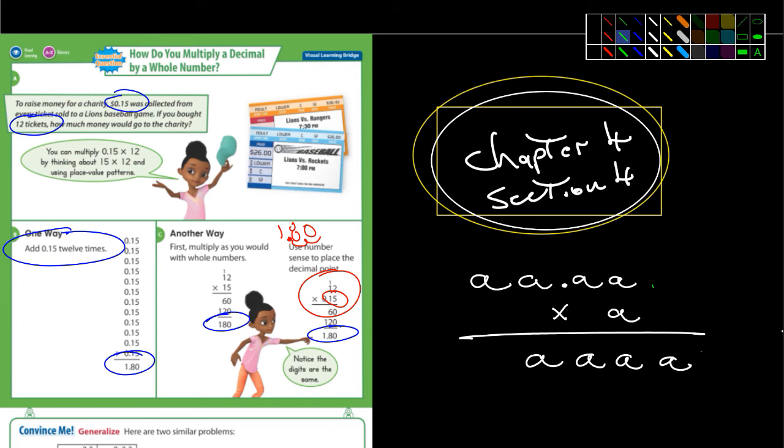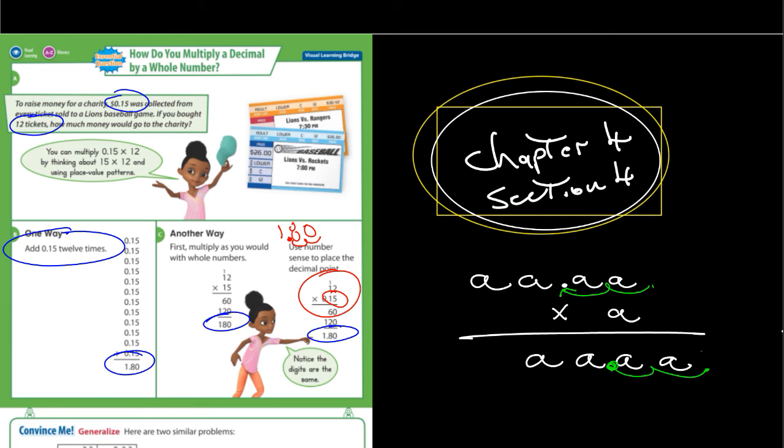If you think you know where the decimal goes, raise your hand. If you're really sure where it goes, raise your hand. How many places in is this decimal? It's another way to look at it. Two places in, right? So start right here, two places in. It's going to go right there. You guys see that now? I could put numbers up there and it's going to be the same thing.